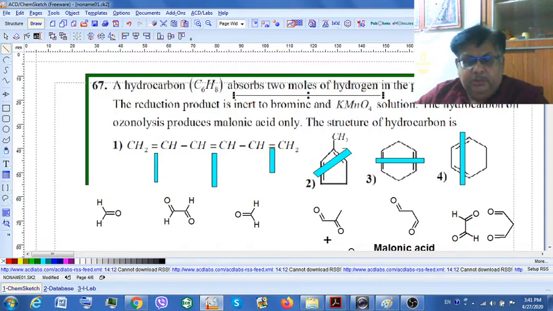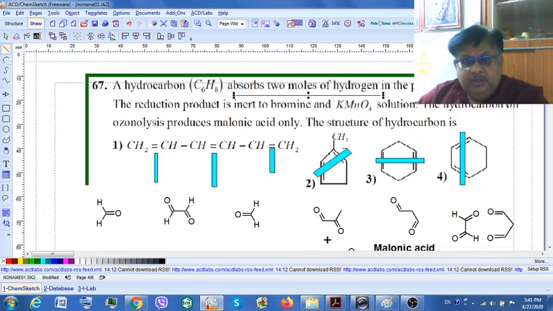That is point number 1. 2 moles of hydrogen would mean 4 nascent hydrogens. Given that a pi bond requires 2 hydrogens, it is indicating to you that there should be 2 double bonds.